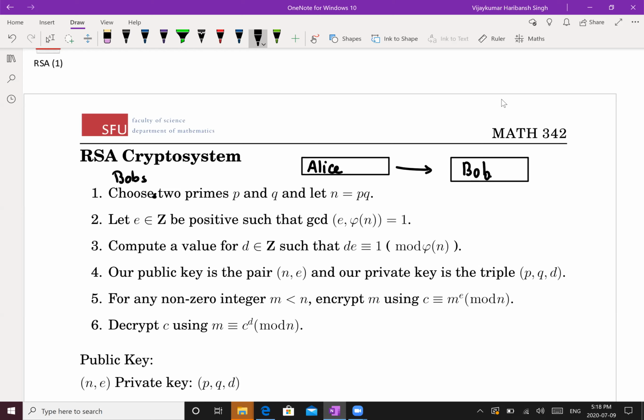Then he chooses E, a positive integer, such that the GCD of E and phi of n is 1, where phi of n is the Euler phi function, or Euler totient function.